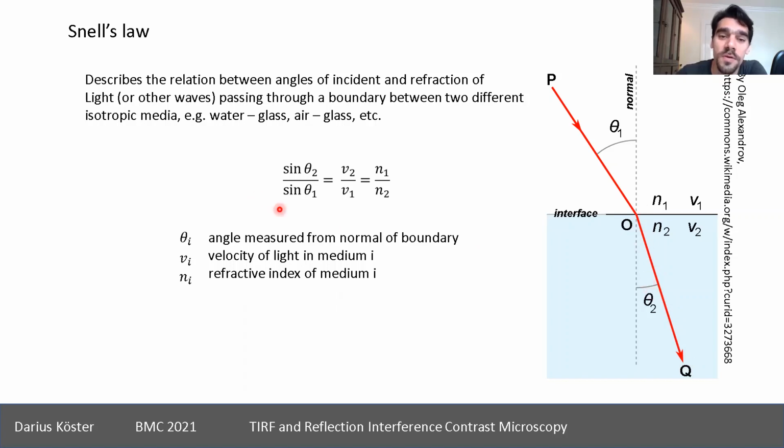The relation between sine theta 2 and sine theta 1 is equal to the ratio of the speed of light in medium 2 divided by the speed of light in medium 1. This is the same as the inverse, the refractive index of medium 1 divided by the refractive index of medium 2. This relationship is called Snell's law.